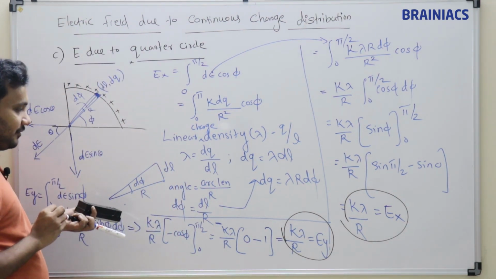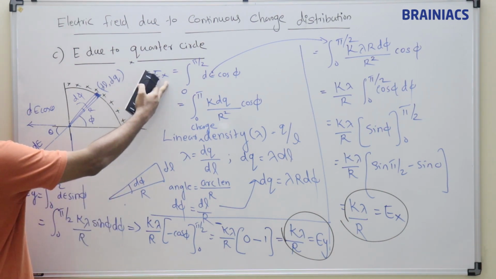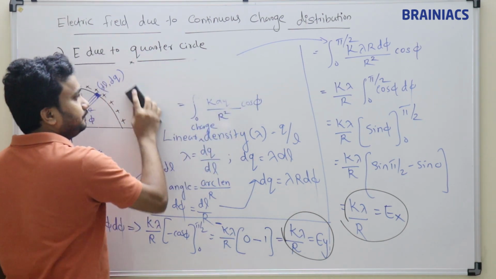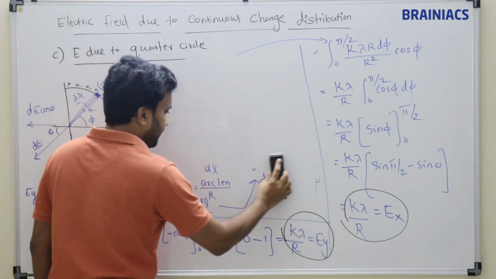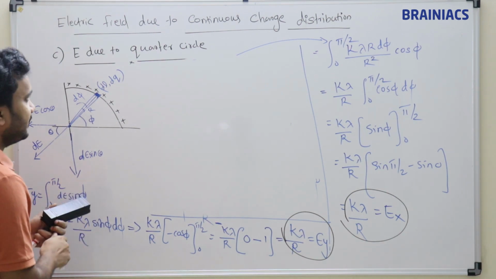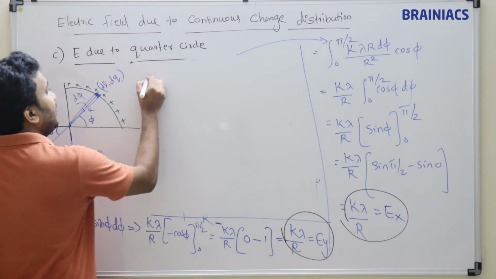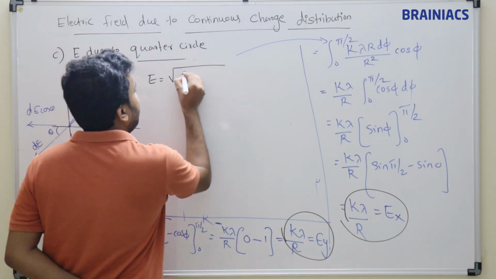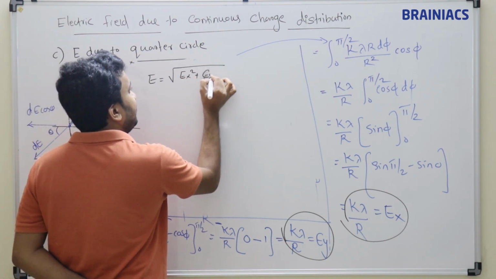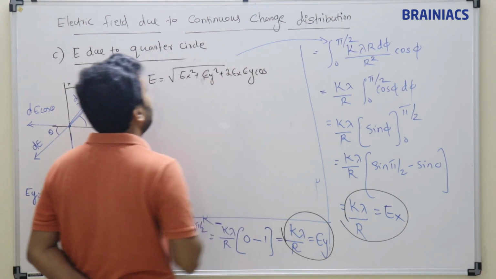So the net electric field will be equal to root of Ex square plus Ey square. Okay, so I'll clear this part. Then I am going to write the next step, which means the total electric field E equals root of Ex square plus Ey square plus 2 Ex Ey cos of the angle between Ex and Ey.